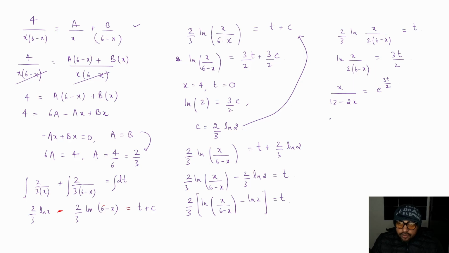Again, we'll cross multiply here. So we'll get 12 negative of 2x times e raised to the power 3t by 2. x equals 12 e raised to the power 3t by 2 negative of 2x e raised to the power 3t by 2. We'll take the x component on the left hand side. So if we take x as common, we'll get 1 plus 2 e raised to the power 3t by 2 equals 12 e raised to the power 3t by 2.